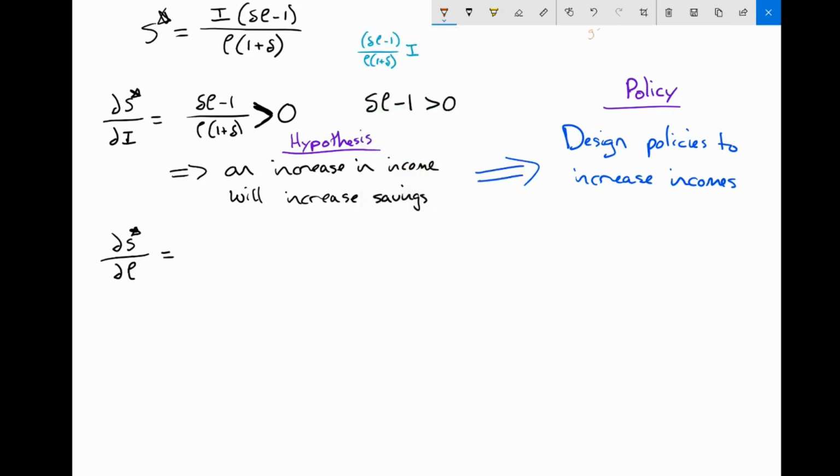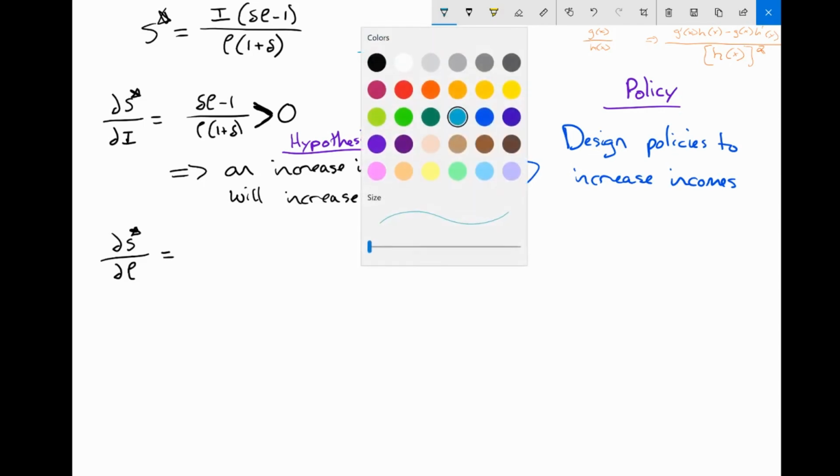So if you have a function g of x divided by h of x, the derivative would be g prime of x, h of x, minus g of x, h prime of x, all divided by h of x squared. So let's apply the quotient rule and do this derivative.